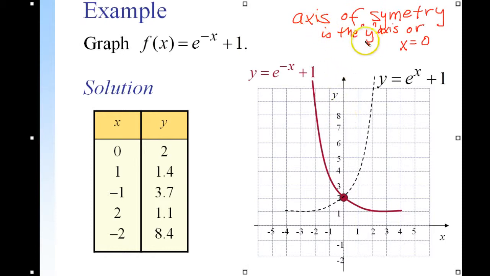That's our y-axis. And what is the equation of the y-axis? Well, it's x equals 0. Remember, when we have an equation in the form of x equals a, it's a vertical line going through the a position, which in this case, x is 0, which is right there at the origin.